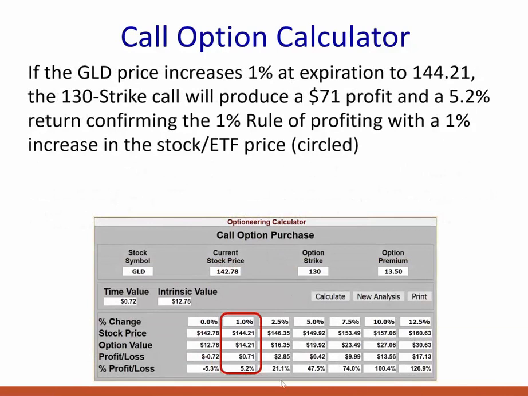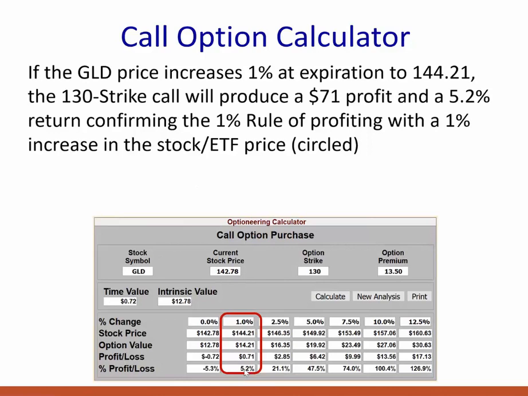And we also plugged in a 1% move in GLD, and we can see that if GLD moves up 1% from 142.78 to 144.21, it will result in a 5.2% profit.